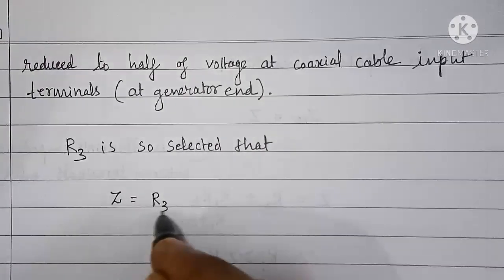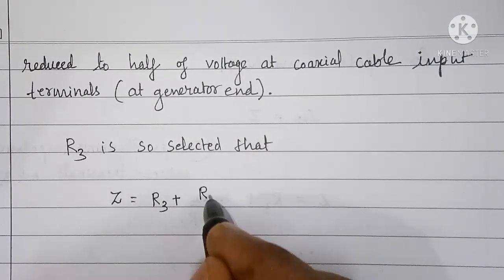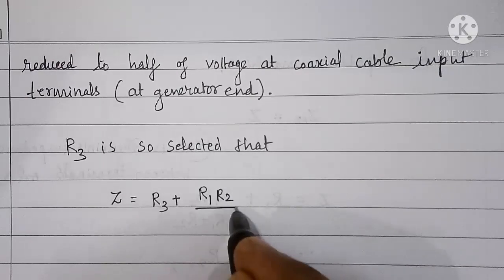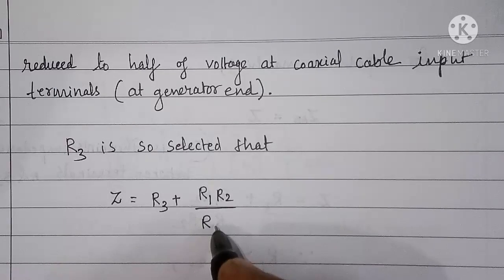Z is equal to R3 plus R1 R2 divided by R1 plus R2.